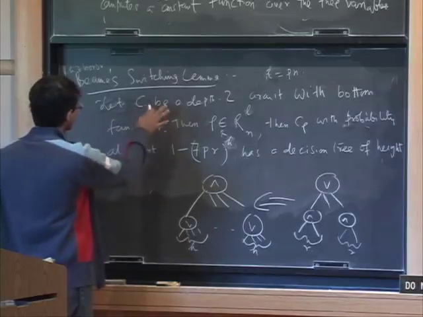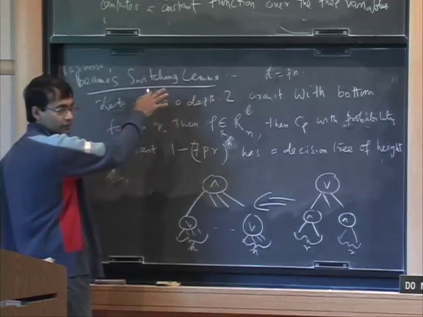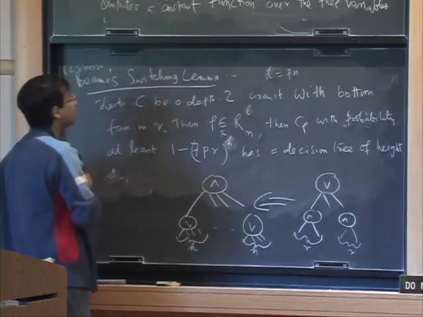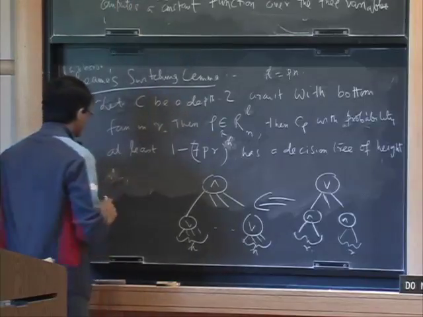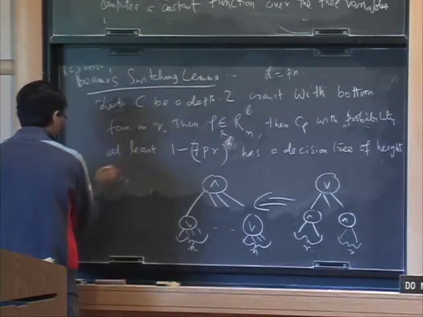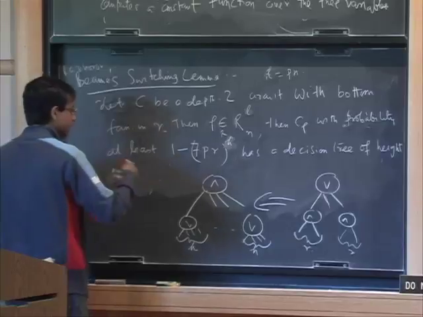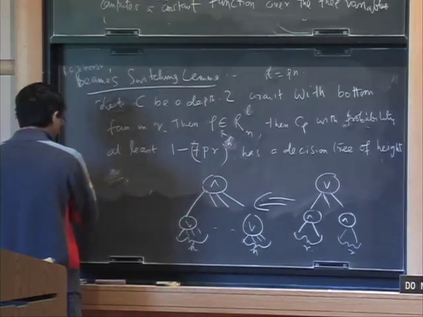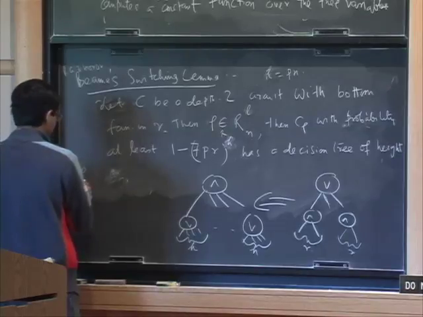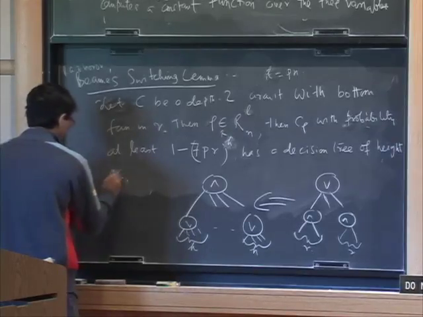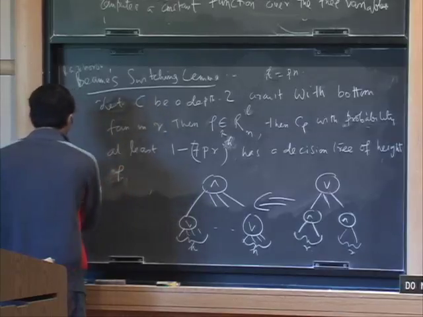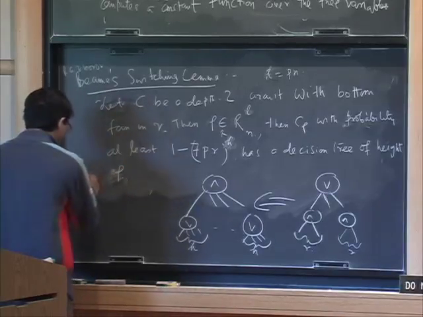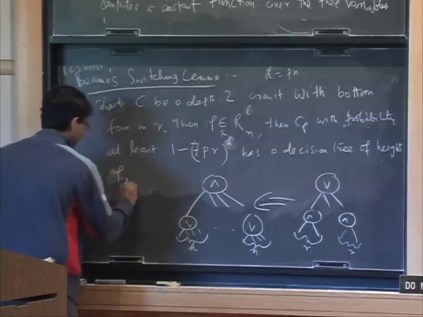So let me show you quickly how this leads to parity not being in this class, actually, because we will use this as a black box several times. So what we do is we consider a series of restrictions, rho 1 to rho k. Our big restriction rho will be a composition of these restrictions.